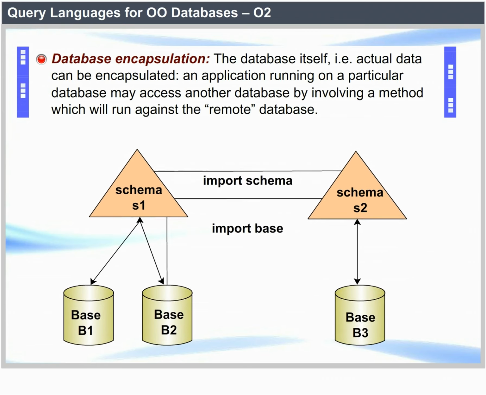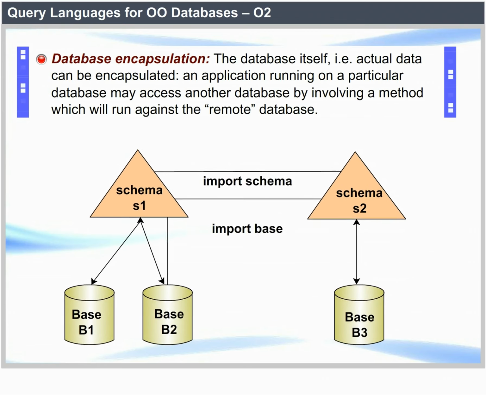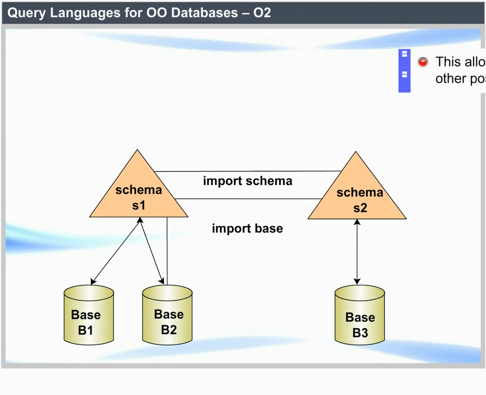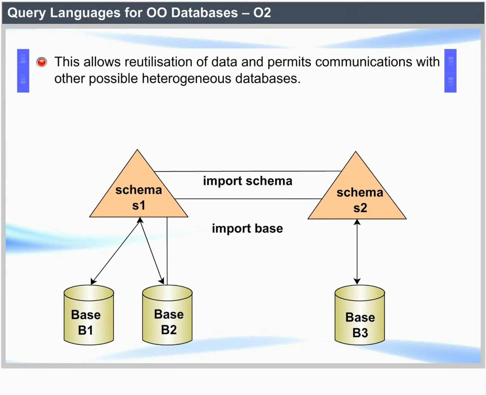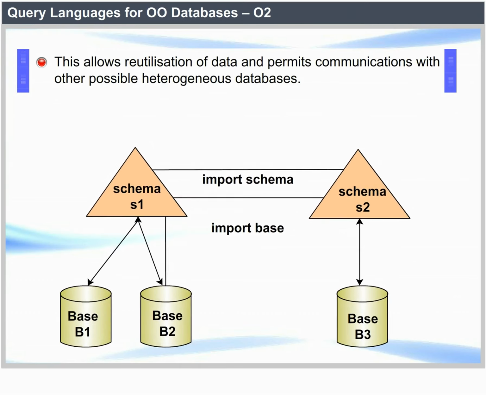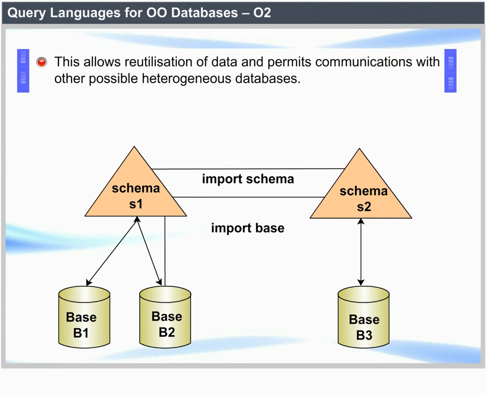An application running on a particular database may access another database by invoking a method which will run against the remote database. This allows reutilization of data and permits communications with other possibly heterogeneous databases.